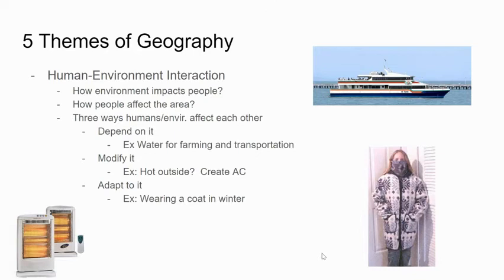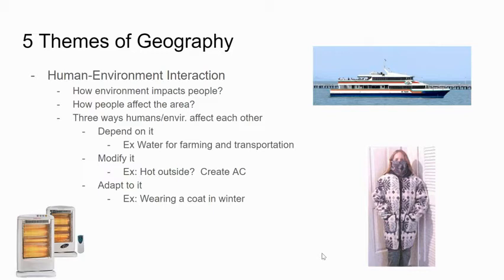The next theme is human environment interaction. I'm going to shorten this later on to HE interaction. How do humans and the environment interact and impact each other? So there are three ways that we look at the human environment interaction of an area. The first, we depend on it.